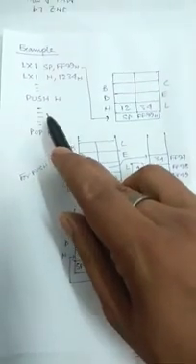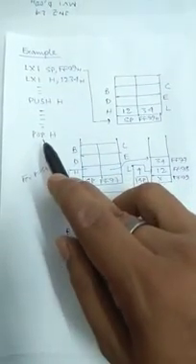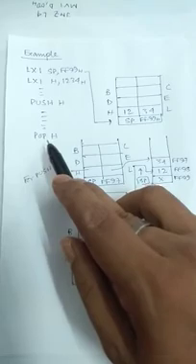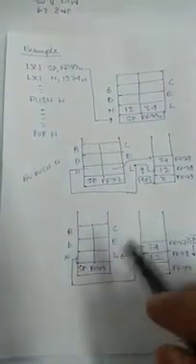Then again after some instructions, the instruction is POP H, that means data is retrieved from the stack into the specific register pair.